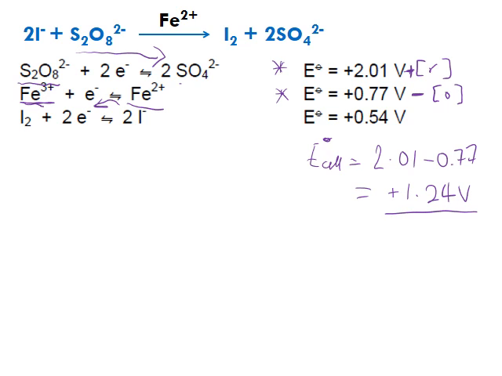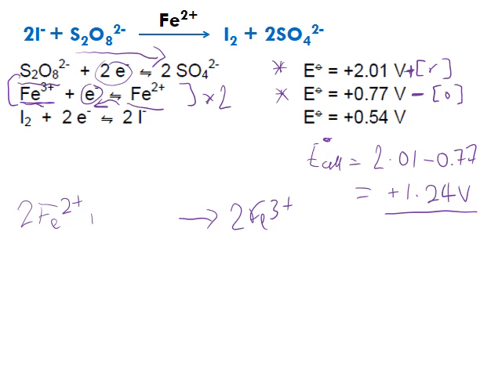Let's combine our two half equations. That's what we've got here. I'm going to multiply this by 2 because I need to have the electron transfer the same, so the electrons cancel. Now I'm multiplying that by 2, so I must be starting with 2 Fe2+ and forming 2 Fe3+.